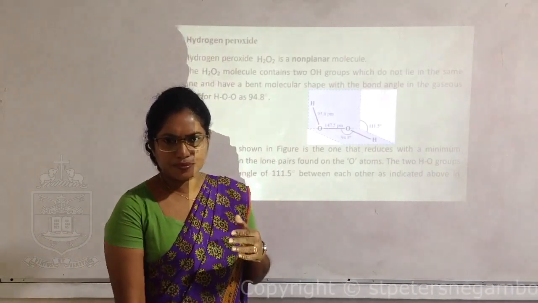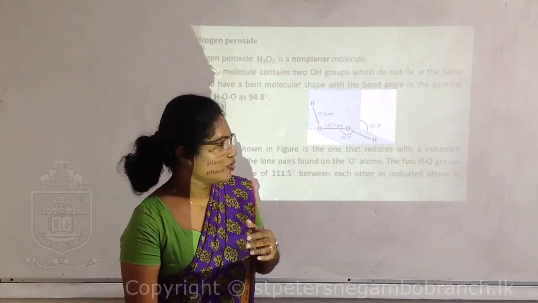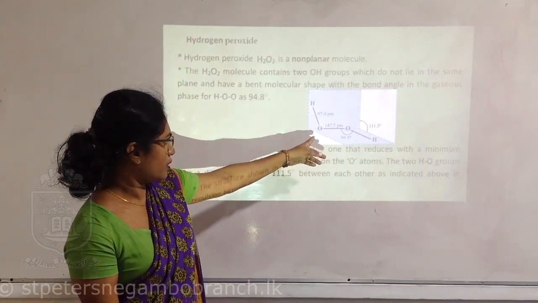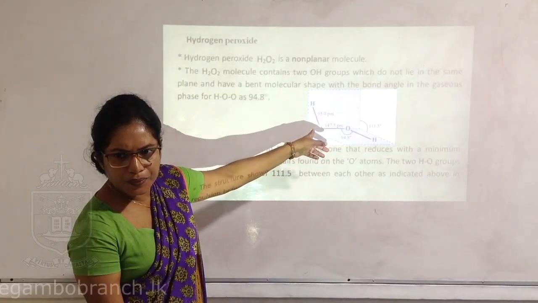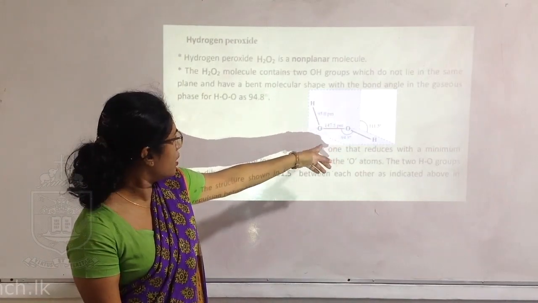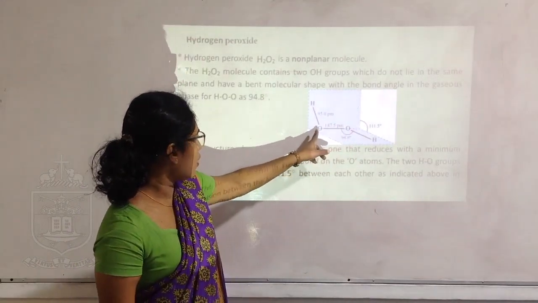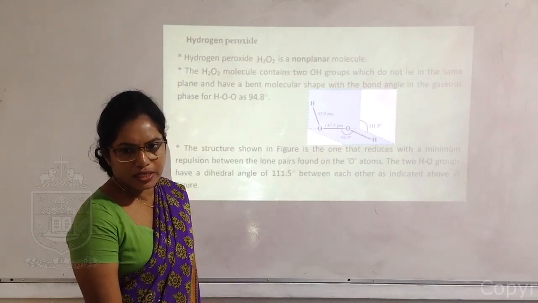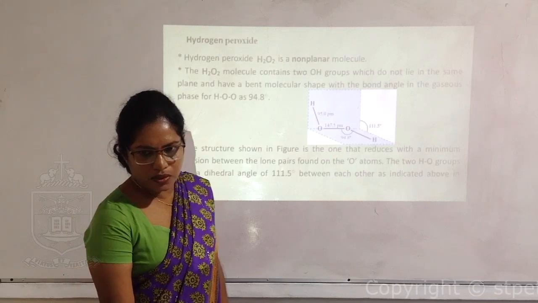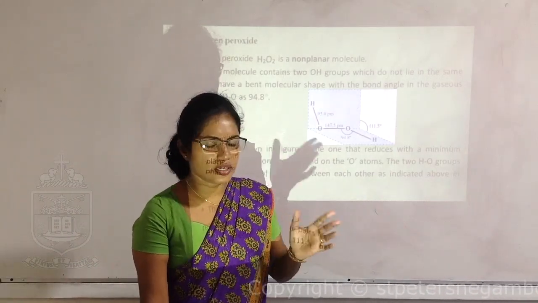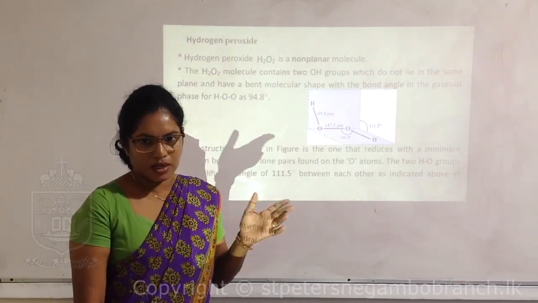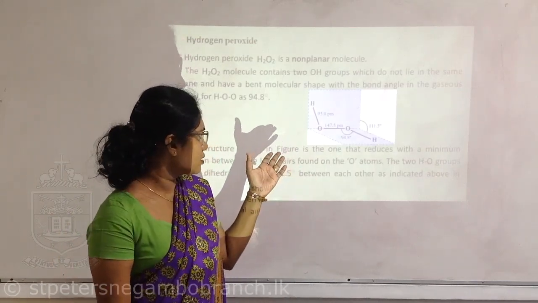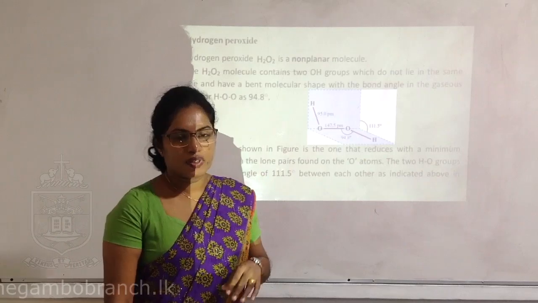And you can see here the bond angles. Here the HOO angle is 94.8 degrees. So you can compare water and hydrogen peroxide, the differences. So bond angles are different.